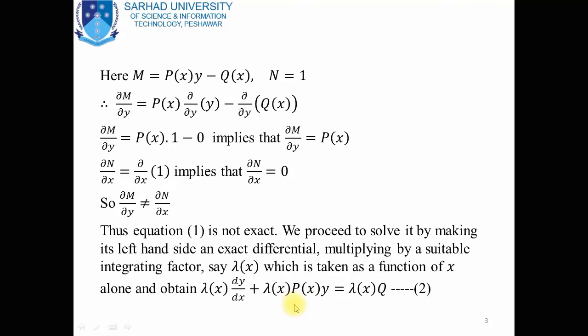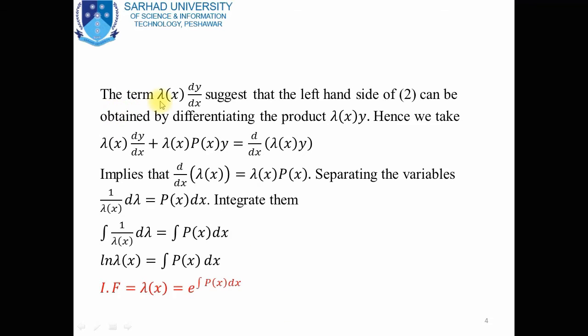Now the lambda(x) dy/dx term suggests that the left hand side of equation 2 can be obtained by differentiating the product lambda(x) y. Hence we take lambda(x) dy/dx + lambda(x) p(x) y equal to the derivative of the product of the integrating factor and y.